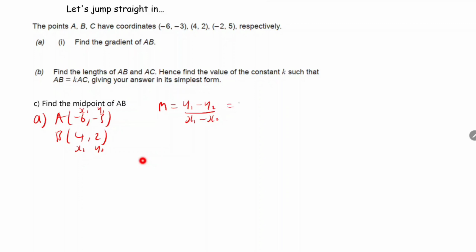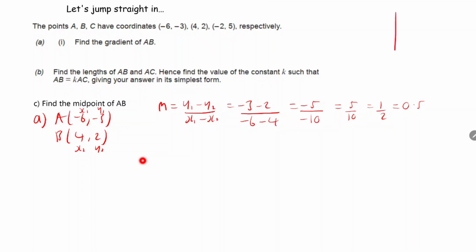Y1 is minus 3, y2 is 2, so it's minus 3 minus 2, over x1, which is minus 6, minus x2, which is 4, which gives us minus 5 over minus 10. The two negatives will cancel here, which gives us a gradient of 5 over 10, or half, or 0.5, depends on which way you'd like to represent them.